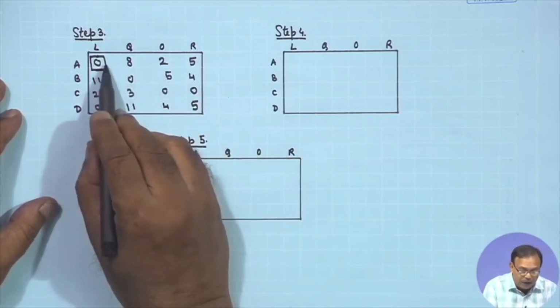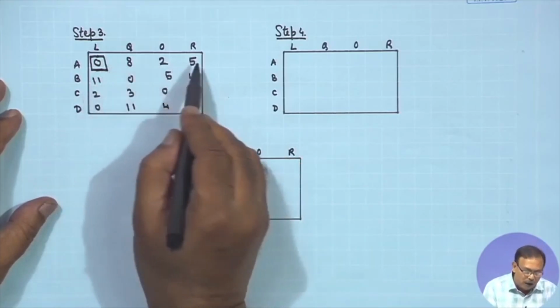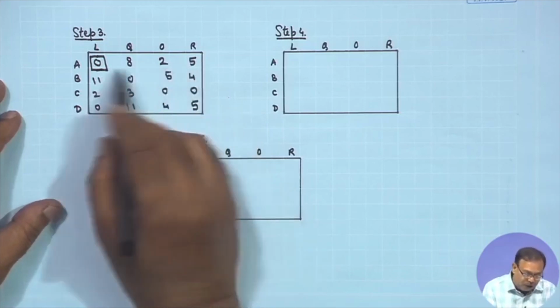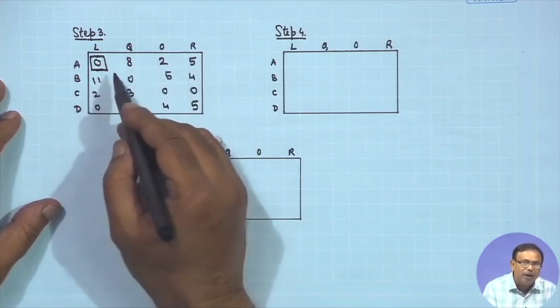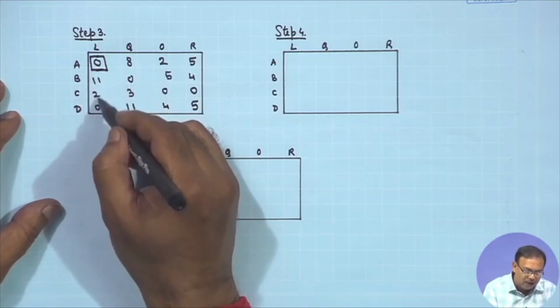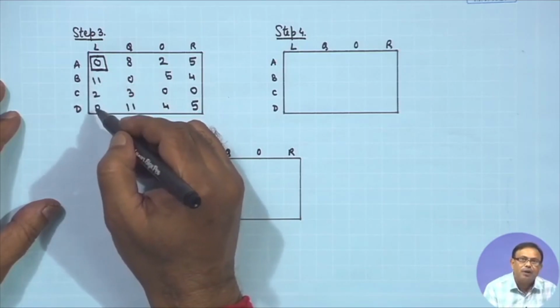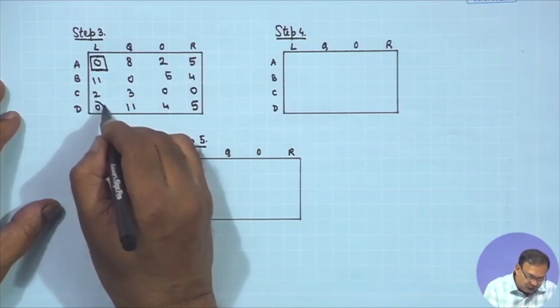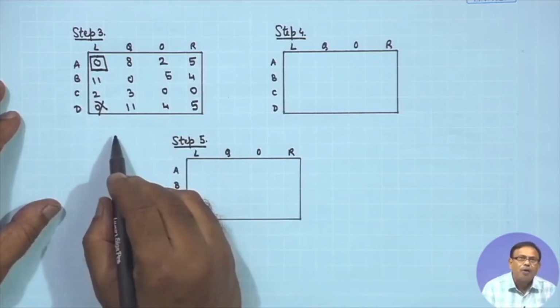Please note that only if you have only one 0 in a row can you do this. Then, in that particular column, the first column itself, if any 0 is there, cross out that 0.